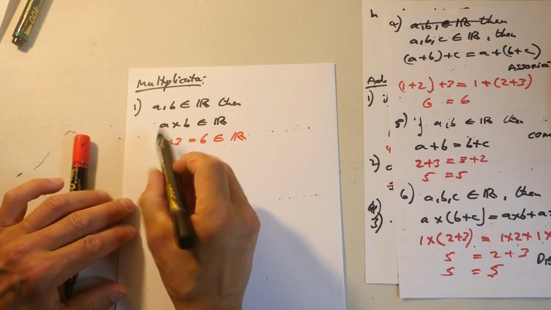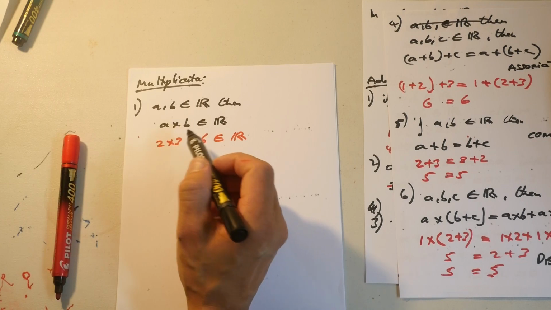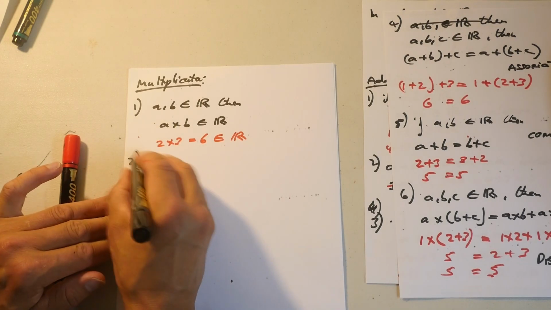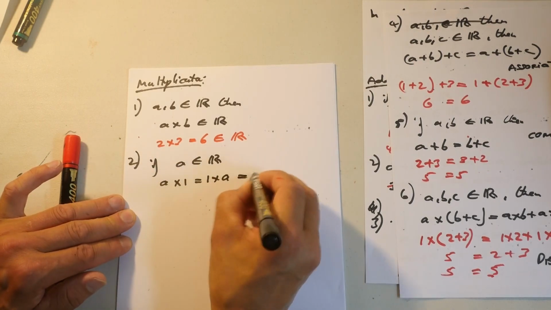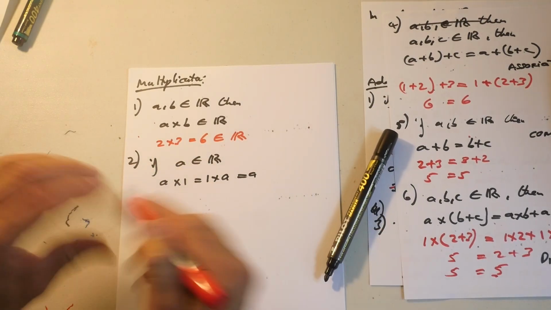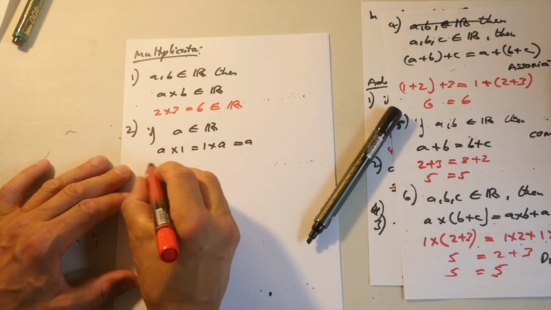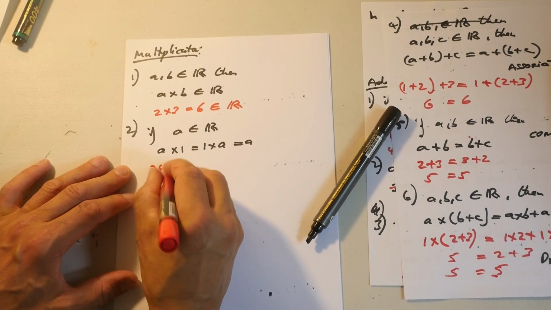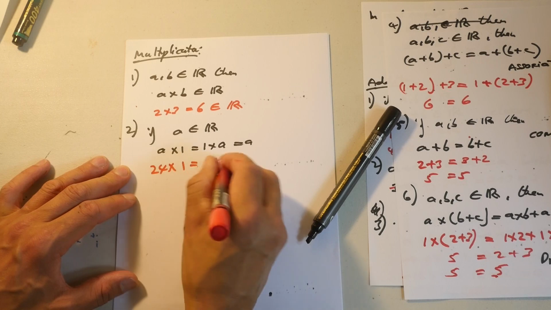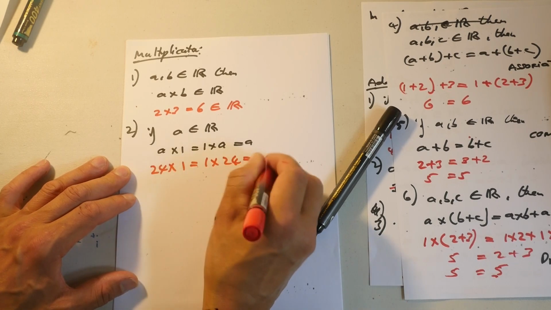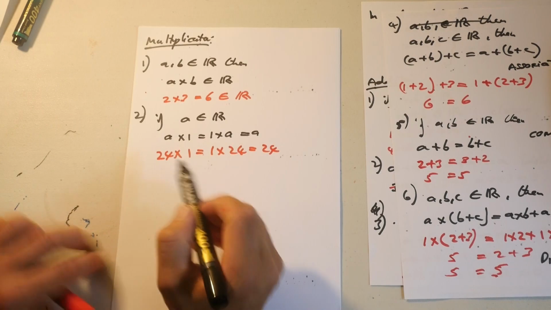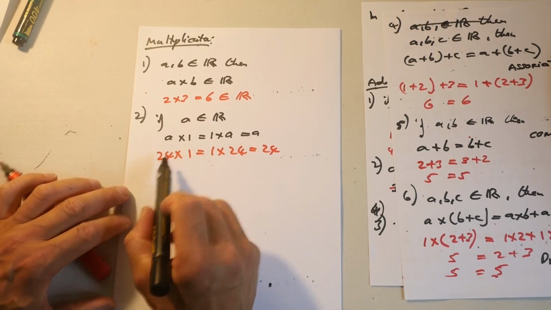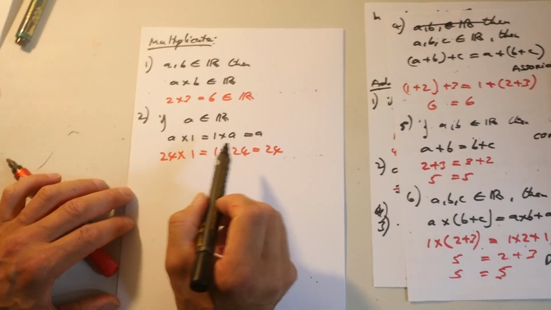So multiplying two numbers gives you a number, a real number. 2. So this is the identity property. So say 24 times 1 equals 1 times 24, which equals 24. Okay? So that's the identity. There's also commuting as well, but it's the identity.